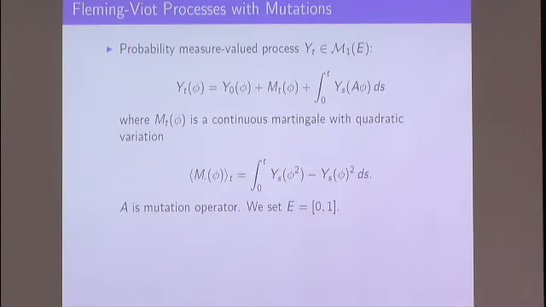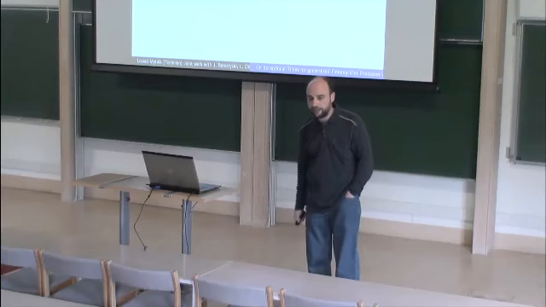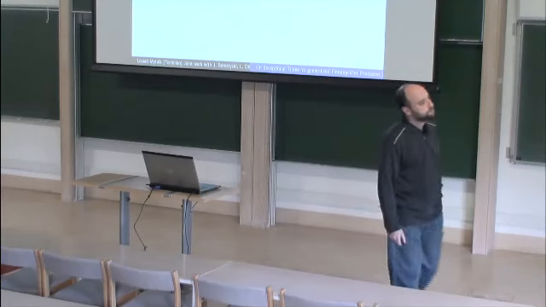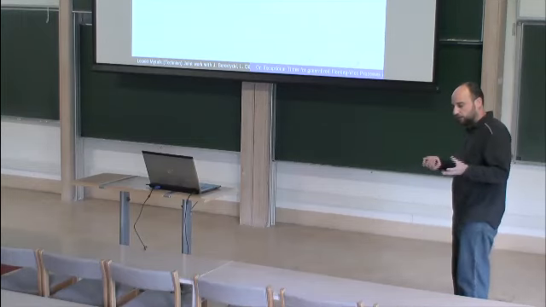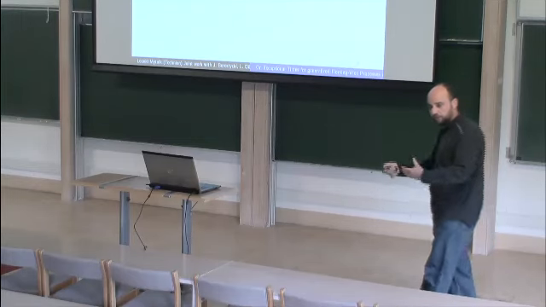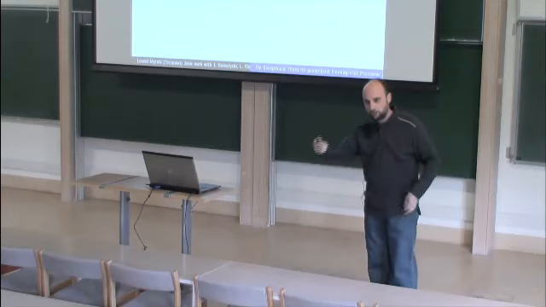Now, we didn't talk about this term. Suppose this term is non-trivial, mutation is there. What does it mean? It means that the model we talked about is not good enough, and people said, okay, let's introduce mutation.